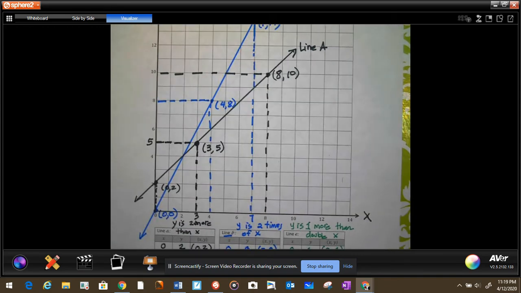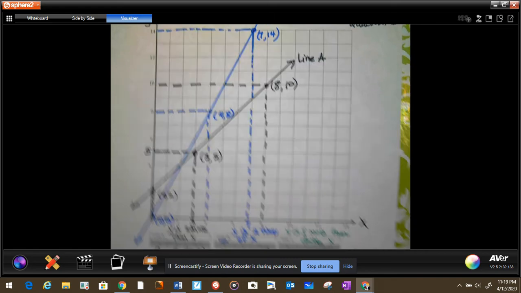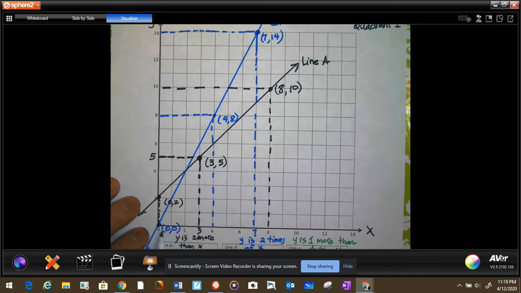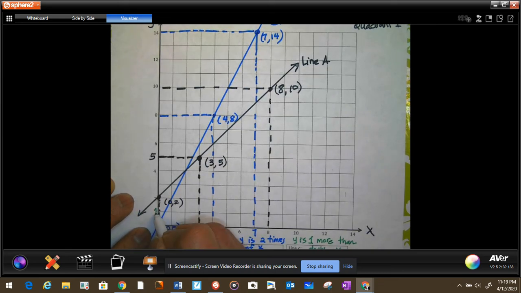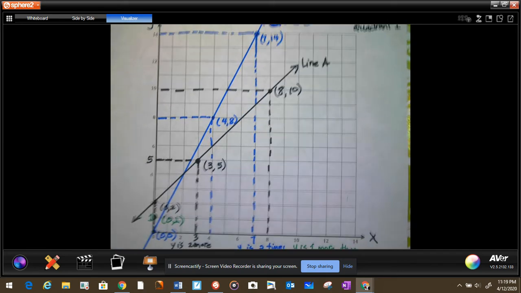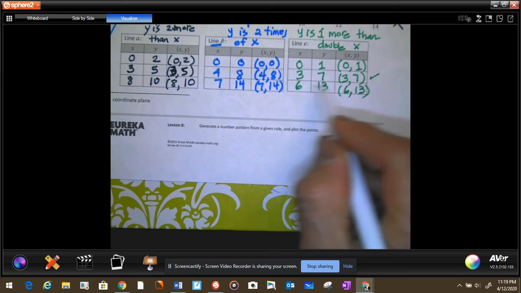Now we're going to plot them on the grid, on the plane. The first point is 0, 1. 0 is here on the origin, and 1 is between 0 and 2. So that's point number 1, and we're going to label it 0, 1. The next point is 3, 7.